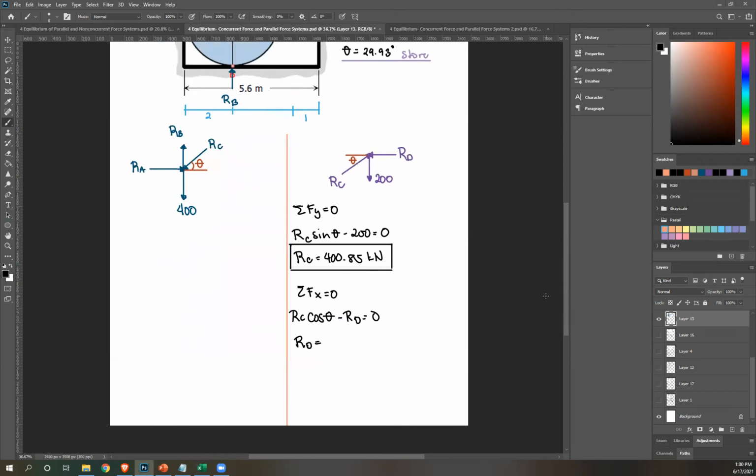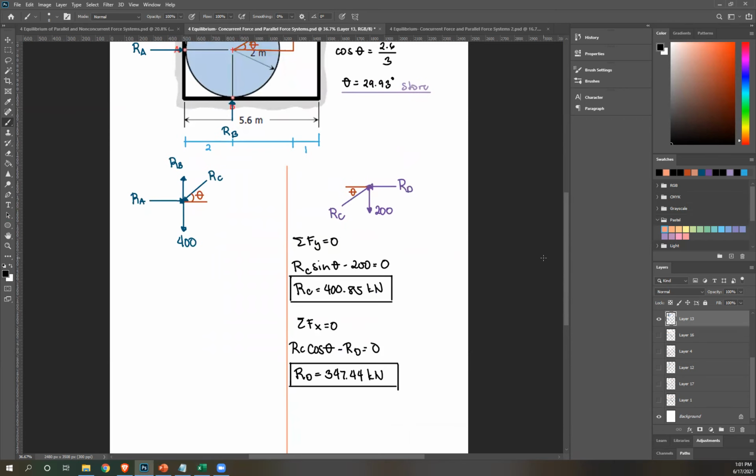Actually, 347.44, if you stored the values. And now we can move on to the blue one.